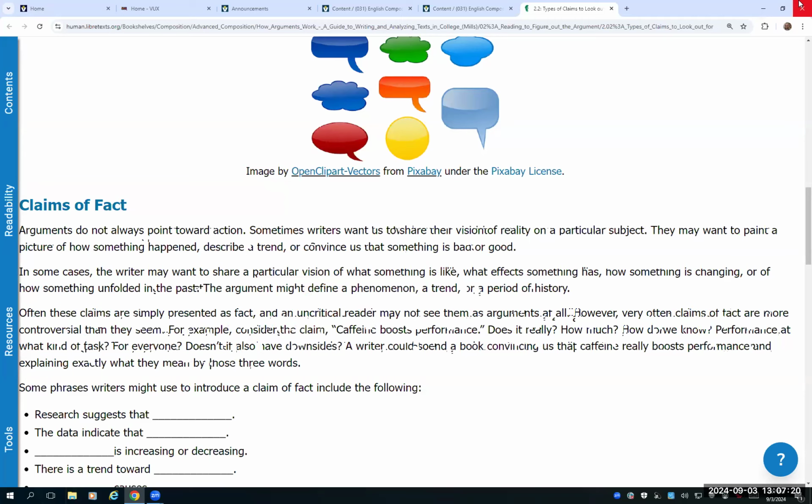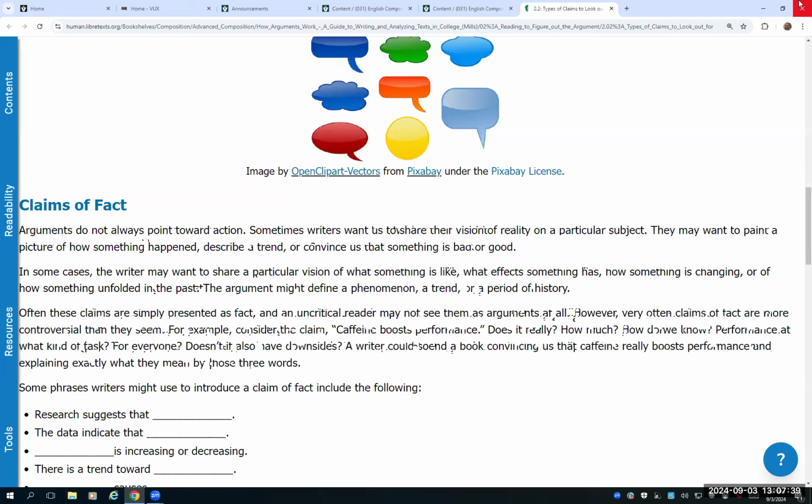Underneath that, it does say there are some phrases when we're looking at statements. We see here some phrases writers might use to introduce a claim of fact include things like research suggests that.